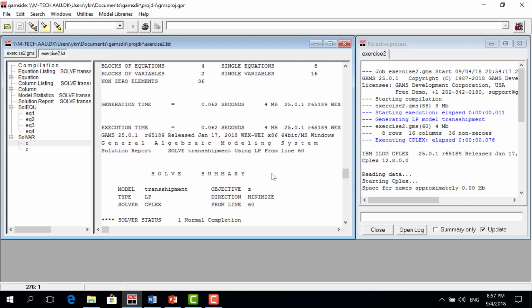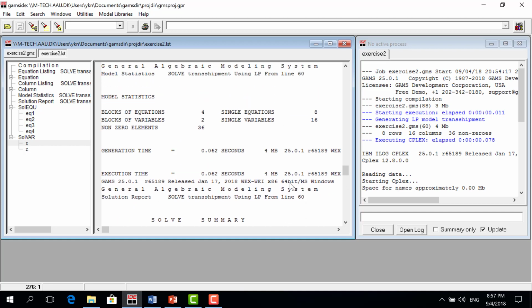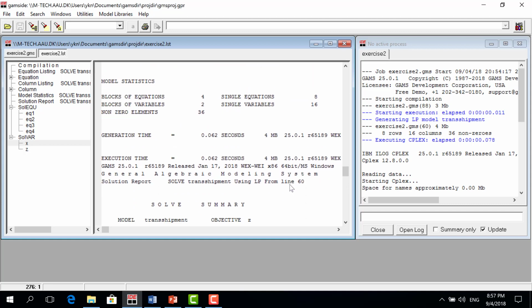And we will discuss more about this model statistic, and this model has been solved by CPLEX within 0.062 seconds, and this is important actually for choosing whether CPLEX is the best solver for solving this problem. Of course, because we have very little size of problems, it is solved for about less than 1 second.